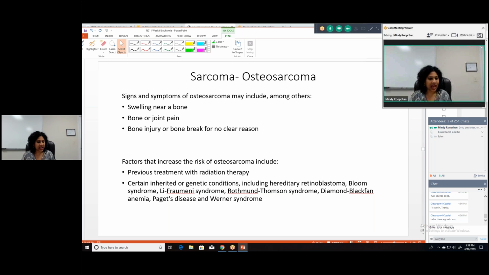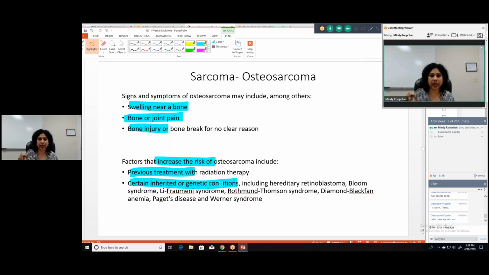Some signs and symptoms of osteosarcoma, among others: swelling near a bone, joint pain, bone injury, or even the bone breaking. And then factors that increase the risk are, once again, previous treatment with radiation or inherited genetic conditions.